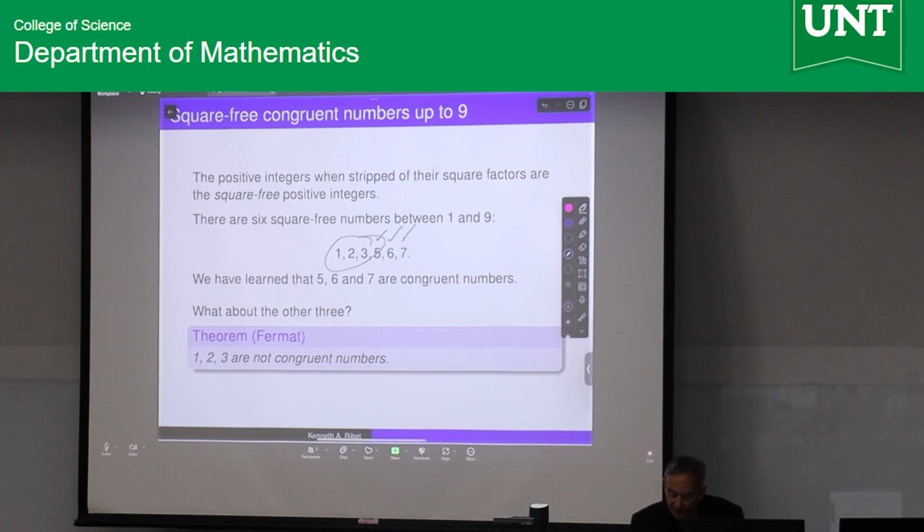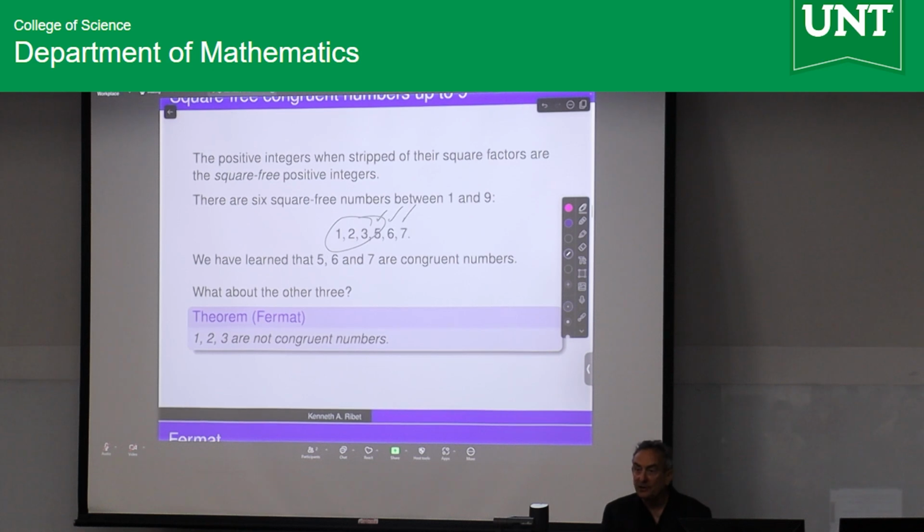And the question is, what about 1, 2, and 3? Can we make up 3 perfect squares so that the difference between the second and the first, and also between the third and the second, would be the same number, and that number would be a perfect square? So you strip it away and you get 1. And the answer is no, you cannot do that. So this is a theorem from the 17th century.